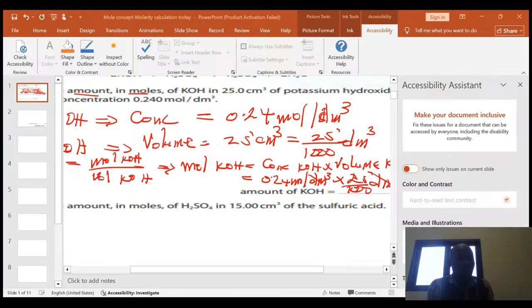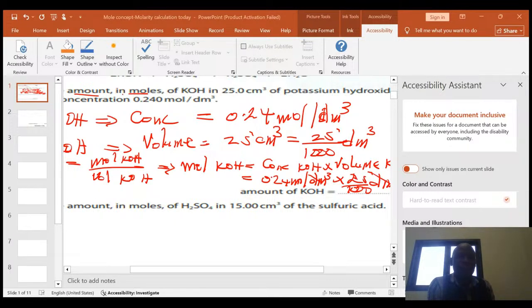If you balance this equation, on the balanced equation, the ratio is 2 moles of potassium hydroxide, 1 mole of sulfuric acid, 1 mole of potassium sulfate, and 2 moles of water.